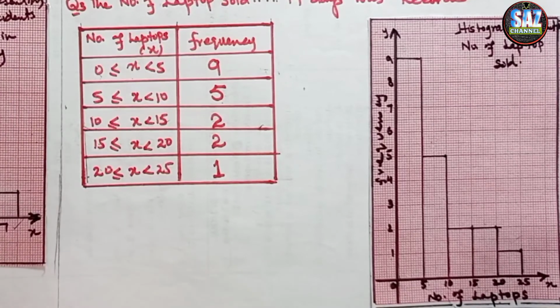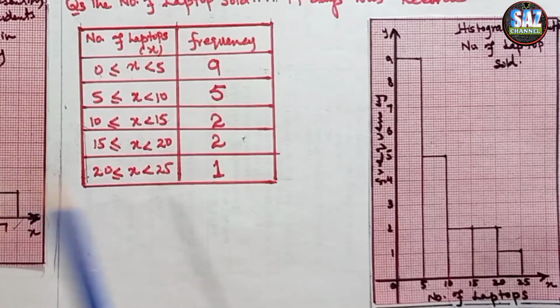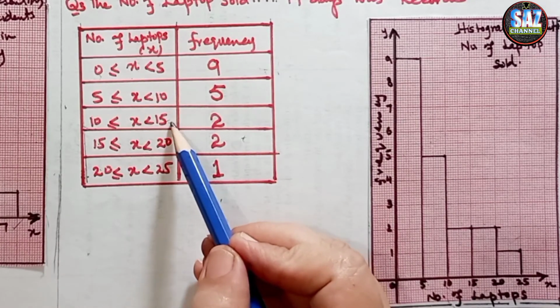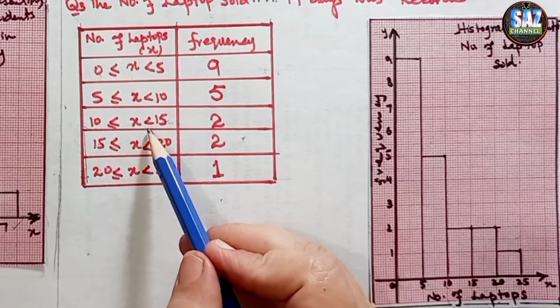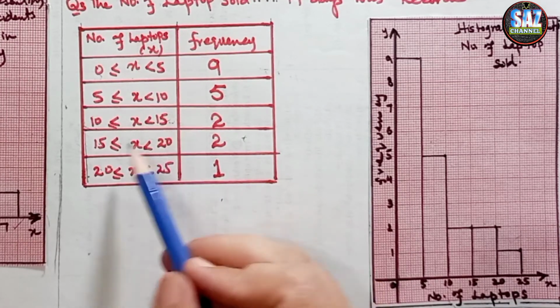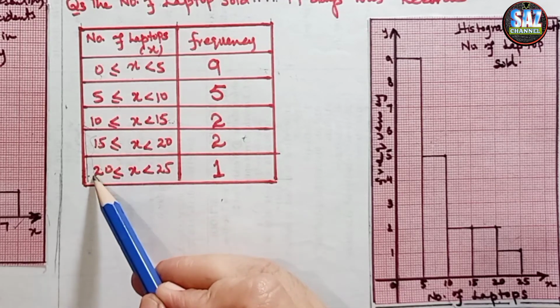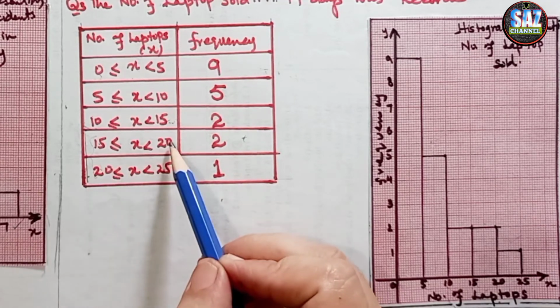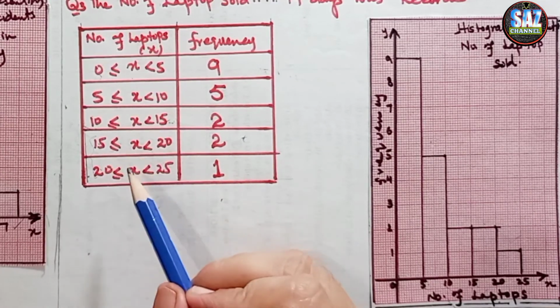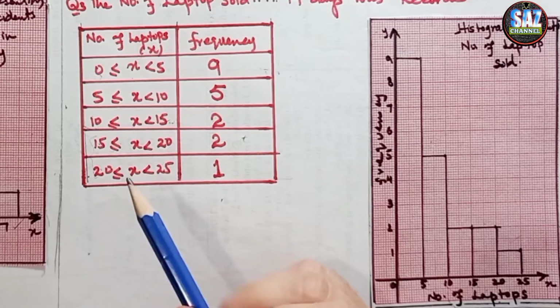If we look at the earlier classes, we have fewer than 15 laptops, so we have to focus our attention on 15 to 20. Here we are including 15, and here we are having more than 15.